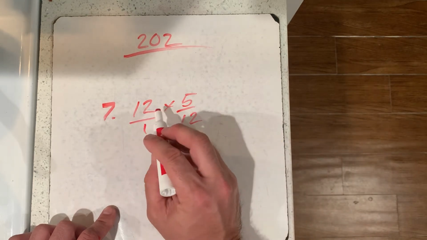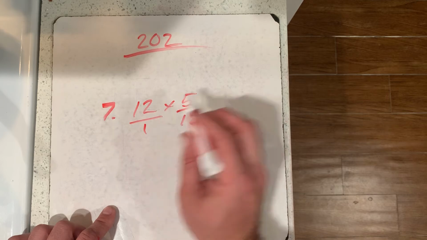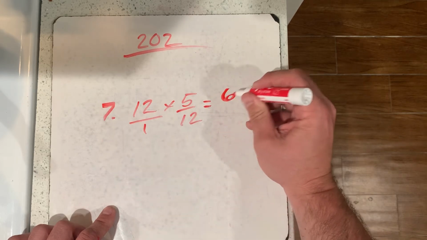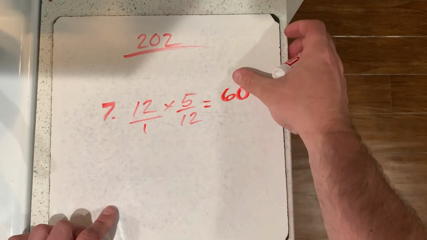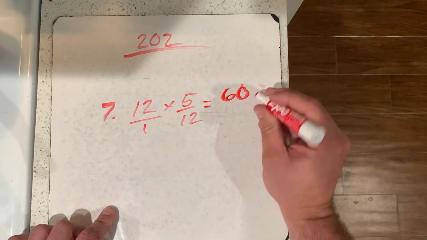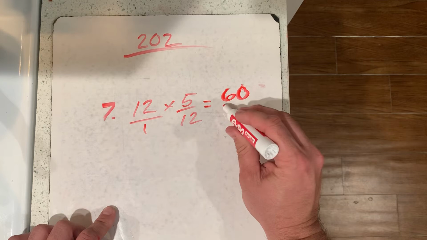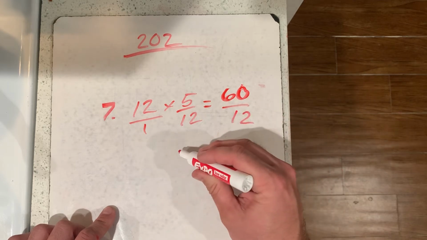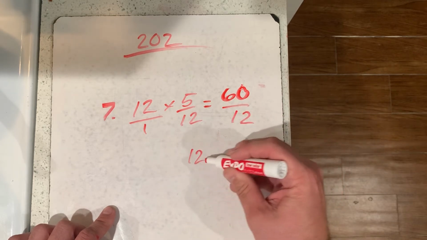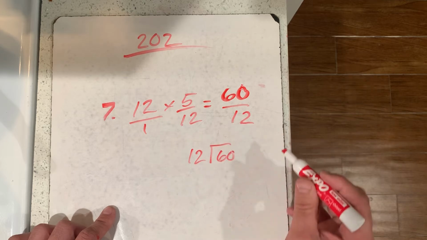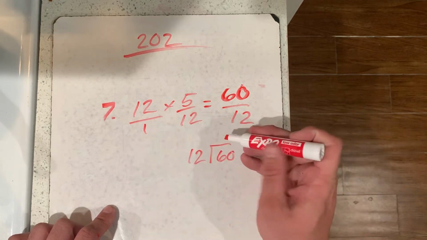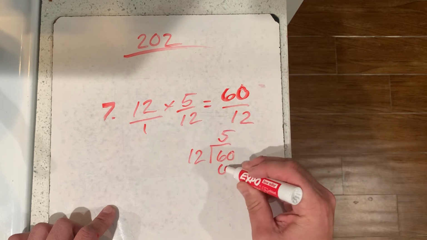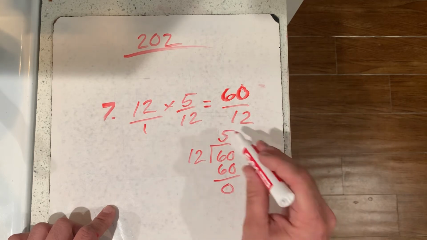Step 2 is multiply. 12 times 5 equals 60, and 1 times 12 is 12. You have to put it in simplest form, so 12 goes into 60. We know 12 times 5 is 60, so the answer is 5.